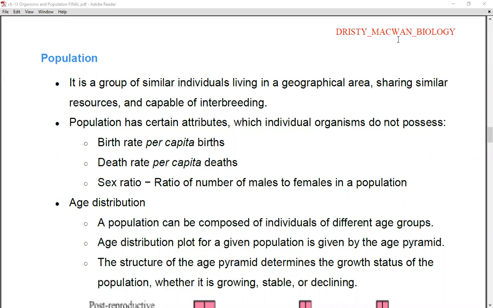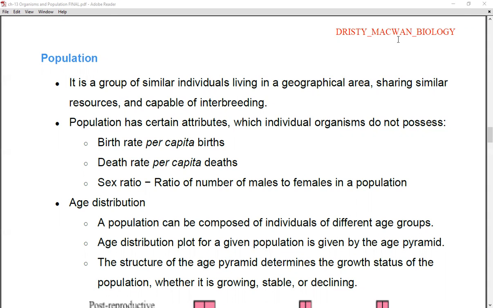So these are the three main attributes of the population, that is birth rate, death rate and the sex ratio. Next is the age distribution. Now, you can see different age groups when we are talking about the population, right? So, a population can be composed of individuals of different age groups, so there will be people of different ages in a particular population.